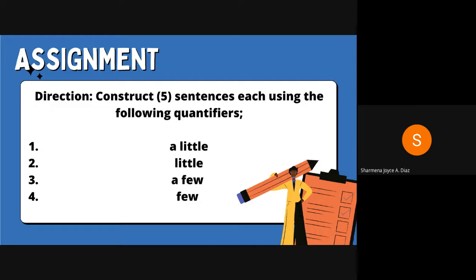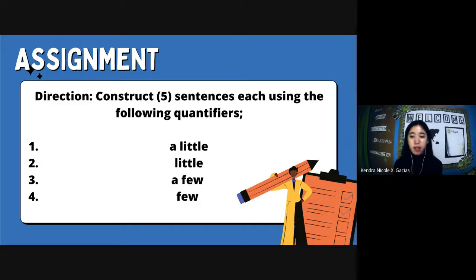For the first one, a little, a few, and few. Okay. Thank you, Mena. So, your assignment is to construct five sentences each using the following quantifiers: a little, a few, few. So, I will be expecting a total of 20 sentences.